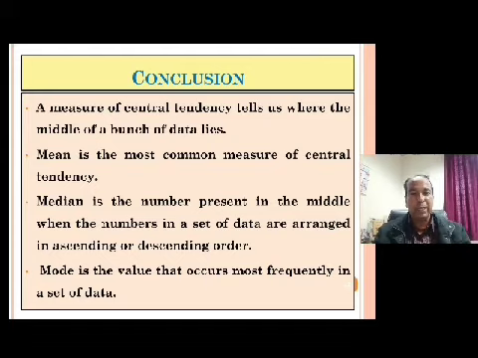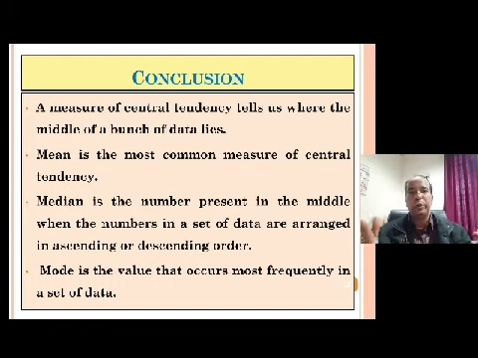So how can we conclude all the measures of central tendency? You can see in this slide, a measure of central tendency tells us where the middle of a bunch of data lies. This is the summary. Mean is the most common measure of central tendency that we have seen. Median is the number in the middle when the numbers in a set of data are arranged in ascending or descending order.